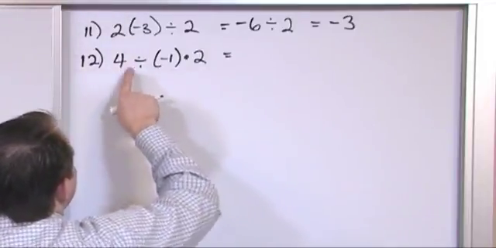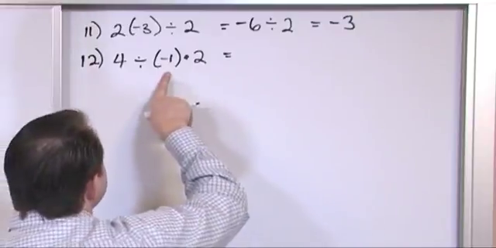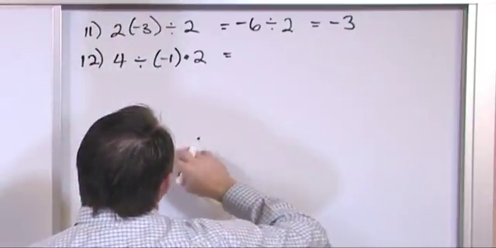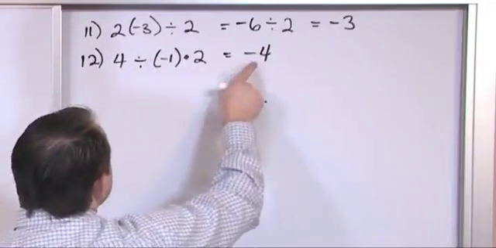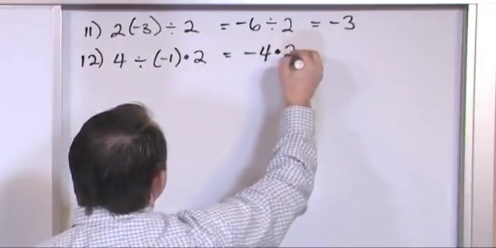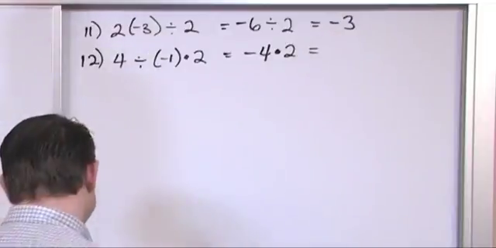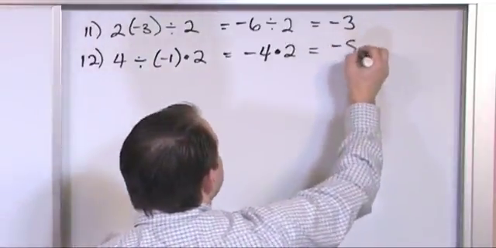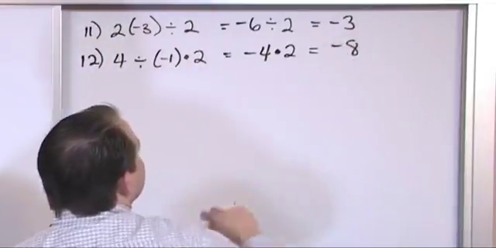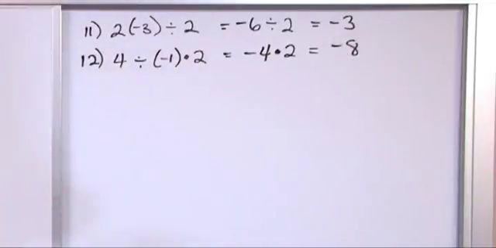What's 4 divided by -1? That is going to be -4, because these signs are different, so it's negative. You still have to multiply by this 2, so we're going to have -8 here, because 4 times 2 is 8, and those signs are different.